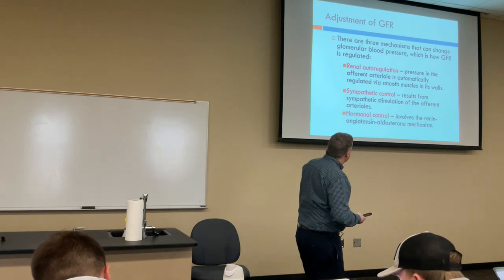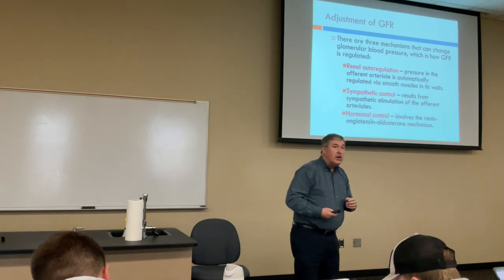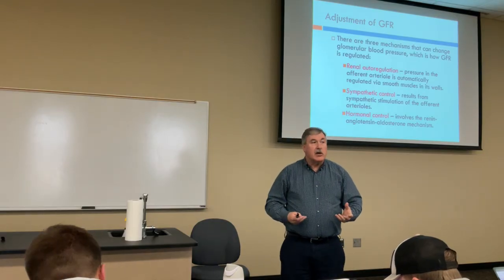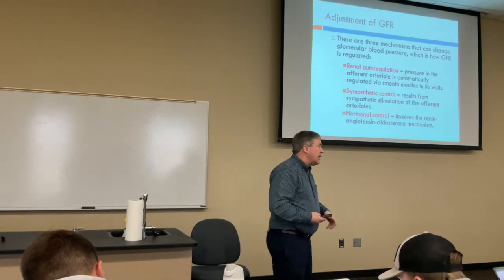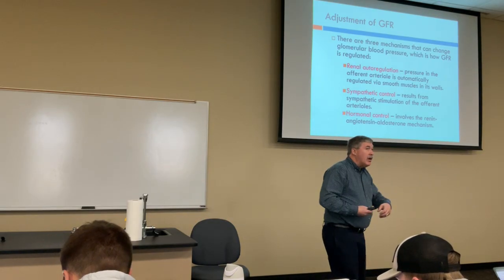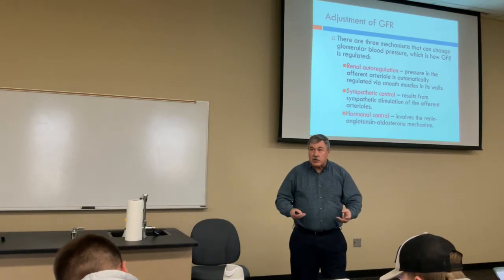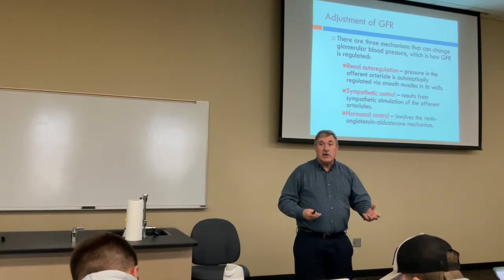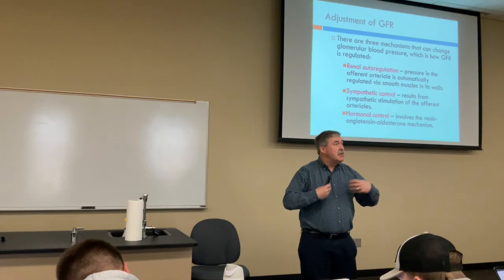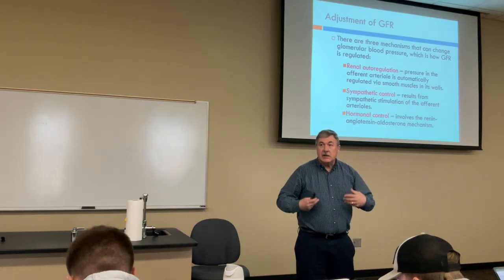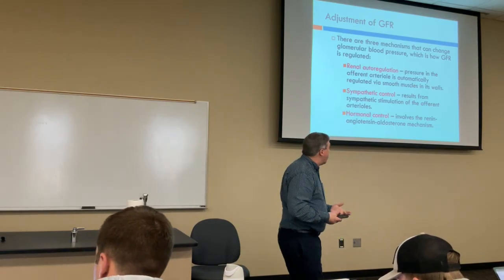Okay, so both of those can regulate GFR very quickly in the short term. A second mechanism is sympathetic control. One situation where that occurs is during exercise, because during exercise, or even the anticipation of exercise, that causes an increase in activity of the sympathetic nervous system.